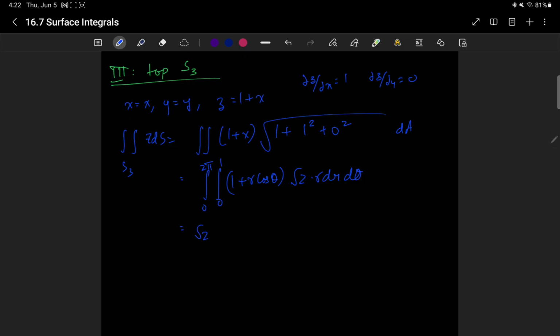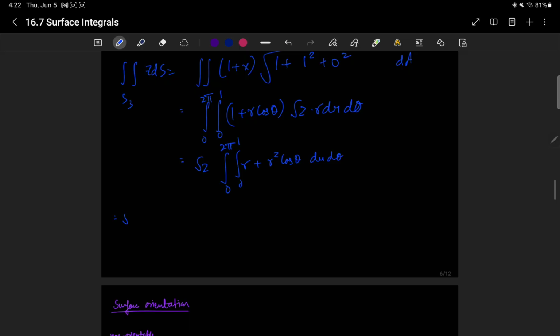So you have a root 2, 0 to 2 pi, oh sorry, not separable here, of r plus r squared cosine theta, 0 to 1, dr d theta, which becomes root 2, 0 to 2 pi, of r squared over 2 plus r cubed over 3 cosine theta, d theta. Well, I suppose when you plug in 1, they become 1.